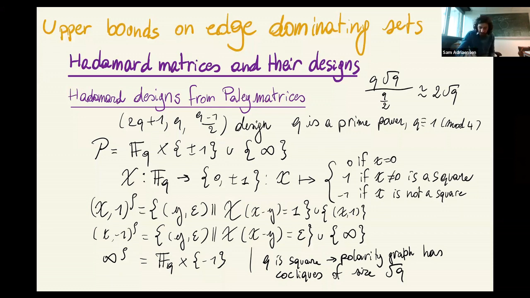So this is nice because we see again that this is the correct order of magnitude. And we know that there exist equinumerous incidence-free pairs of size square root of q, and the upper bound we have is 2 times the square root of q. So the order of magnitude is correct. It's just a matter of optimizing the constant here.